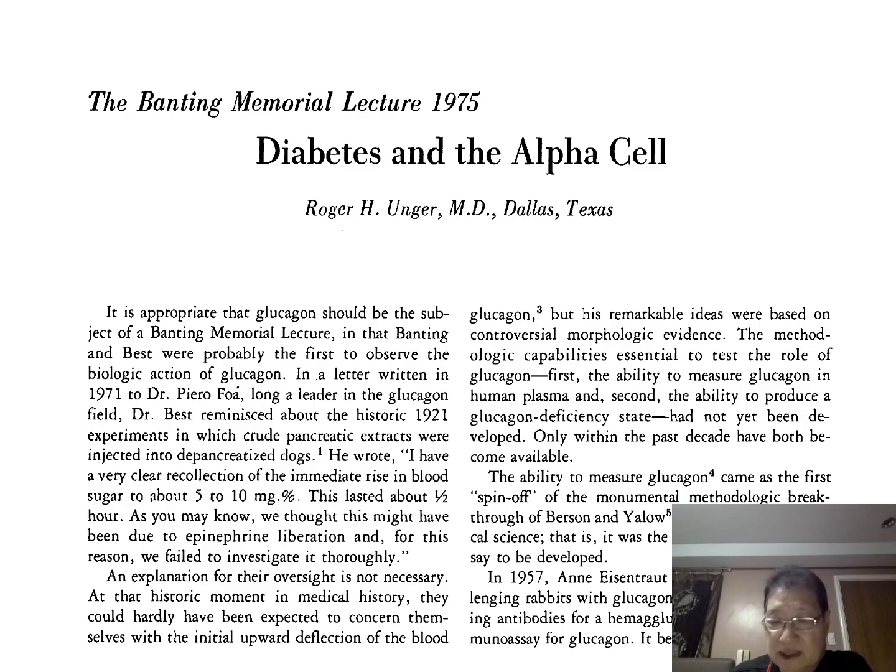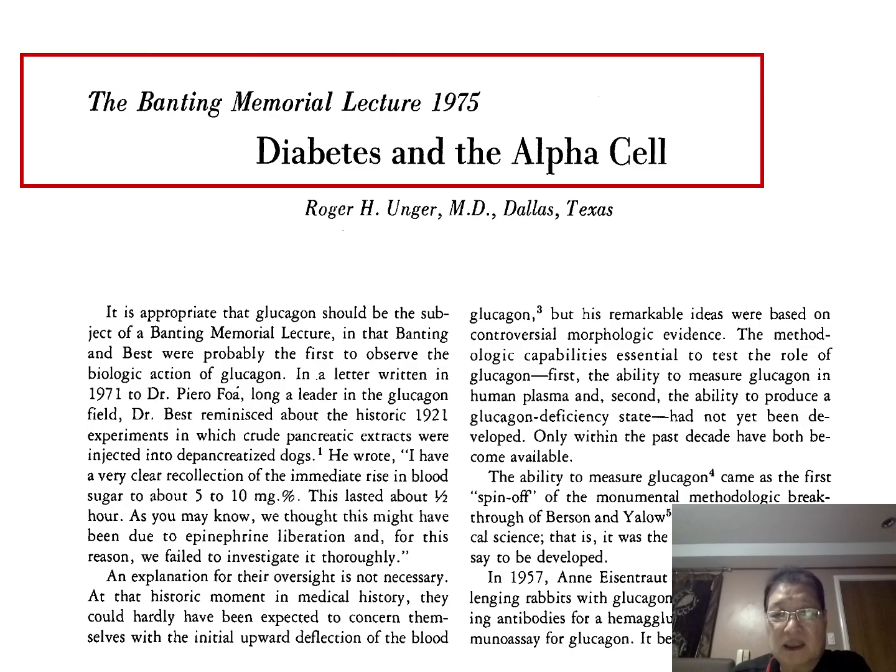So in 1975, in his Banting Memorial Lecture, Roger Unger presented evidence that elevated glucagon is the regulatory partner of insulin, the so-called bihormonal abnormality. However, the importance of glucagon in normal glucose homeostasis and in the diabetic phenotype remained controversial.